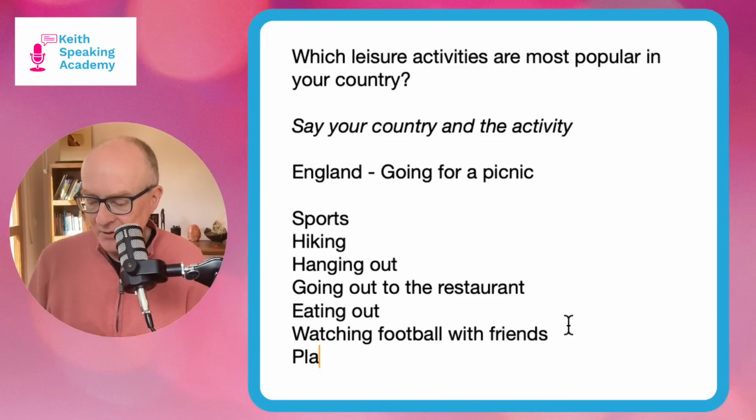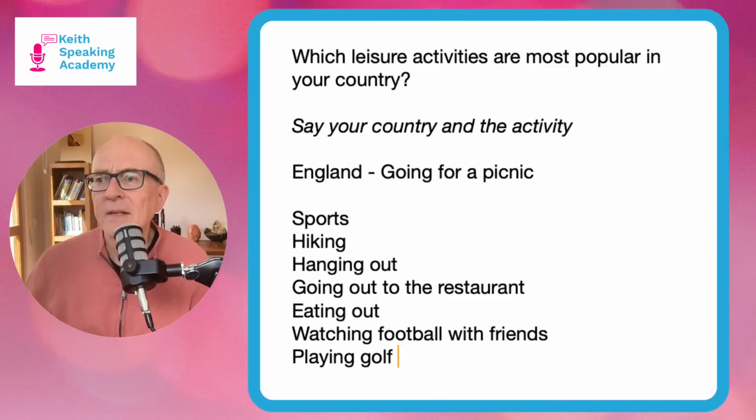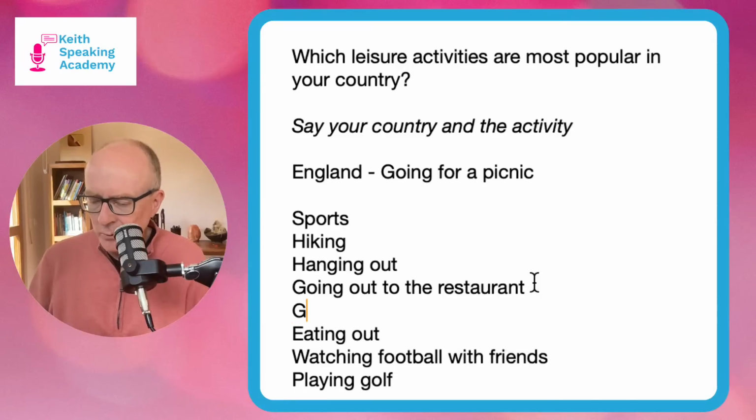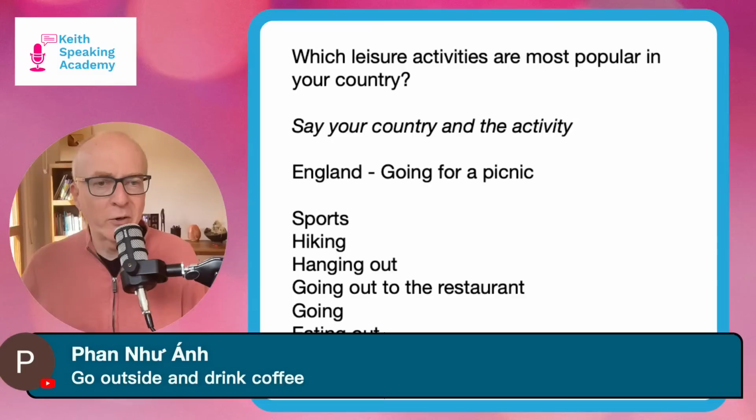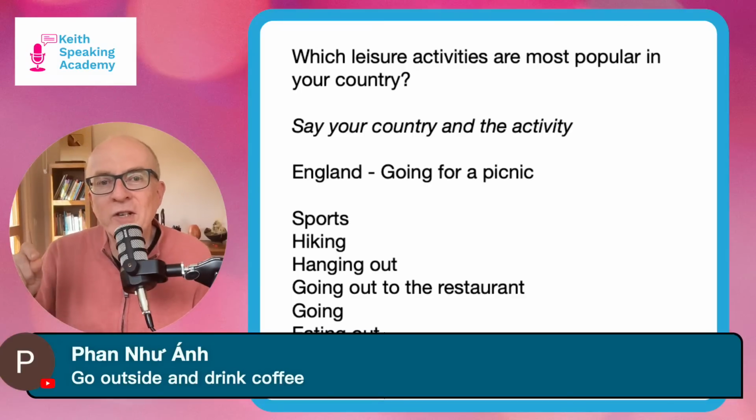Right. So you've got playing different sports, playing golf. We had, what else? Going outside and drinking coffee. So again, I would say, because go outside and drink coffee is perfectly correct. It's fine.